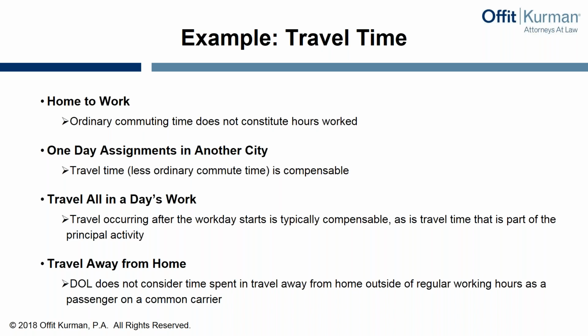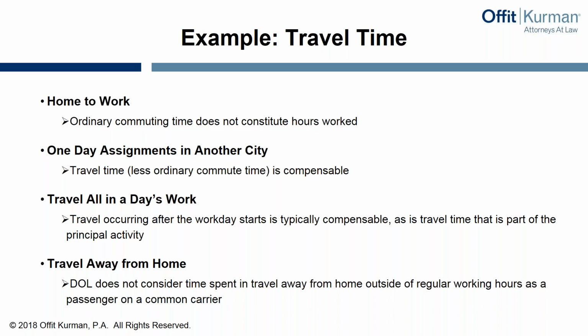So for example, if everyone's required to get to the office or the yard or the facility at the beginning of the day, load up the truck with equipment, and then head out to a number of projects during the day, the travel time from the facility to the first job site is compensable for everybody on that truck, because they started their workday by loading up the truck, figuring out what equipment they needed for that day, doing that sort of work.